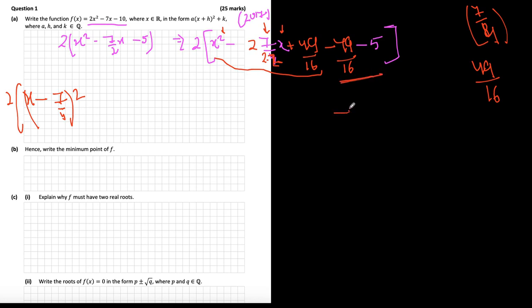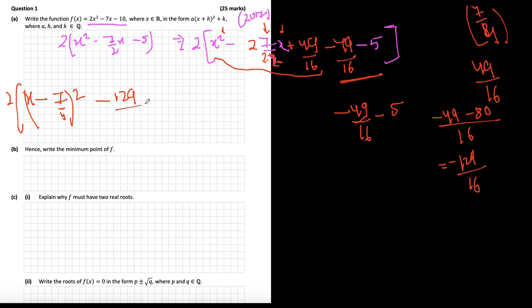So if you add minus 14 over 16 minus 5, you will get 16 minus 49, and this will become 80. So it will become minus 129 over 16. So I have to write here minus 129 over 60. This is now my complete form.